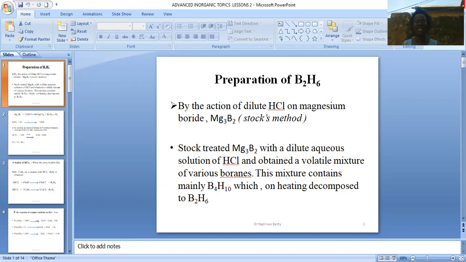So today, let us look at the preparation of diborane. We can use the Stock method, whereby magnesium boride is treated with an aqueous solution of hydrogen chloride, or hydrochloric acid. It results in a mixture of various boranes.